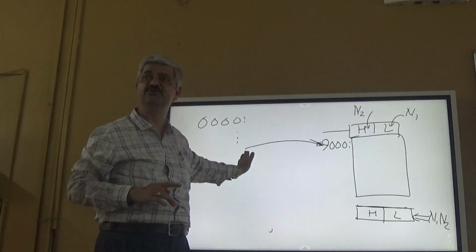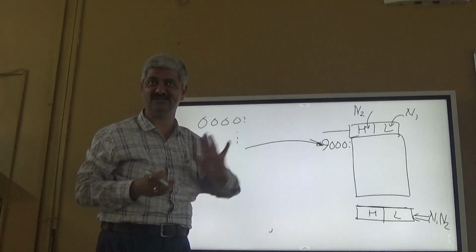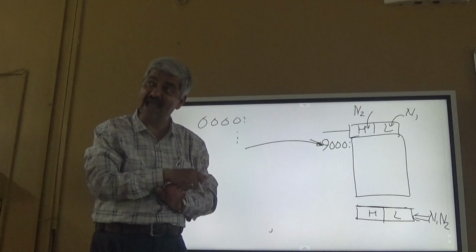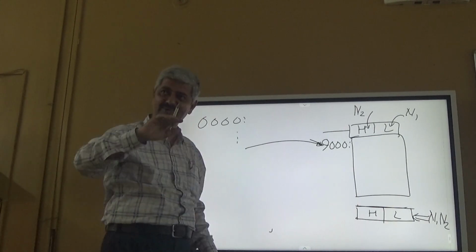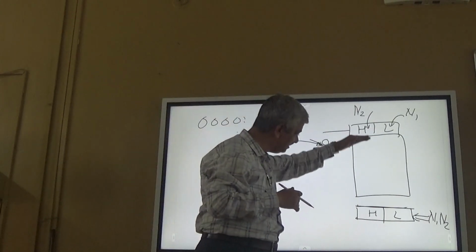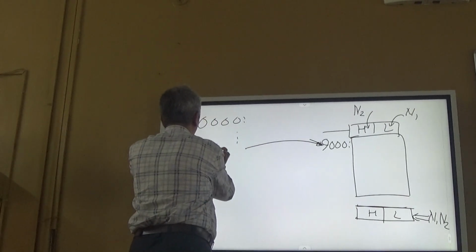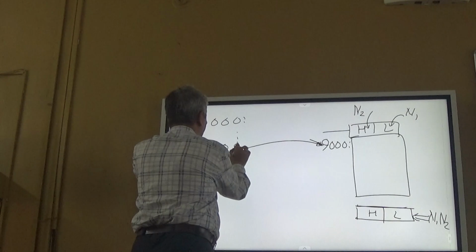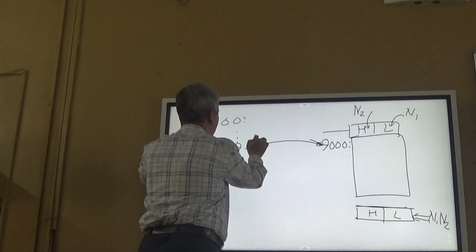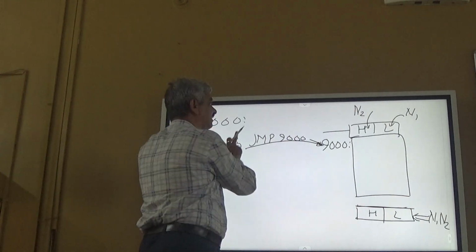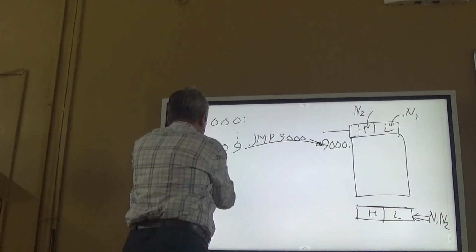So that I can do using which instruction? Jump 9000. And whenever this is completed, so if I am at 0009, I write jump 9000. So 9, A and B. So where would the next instruction be?